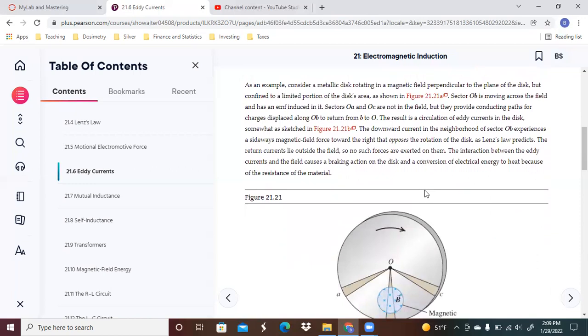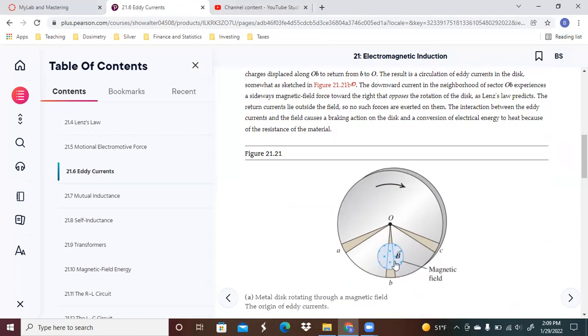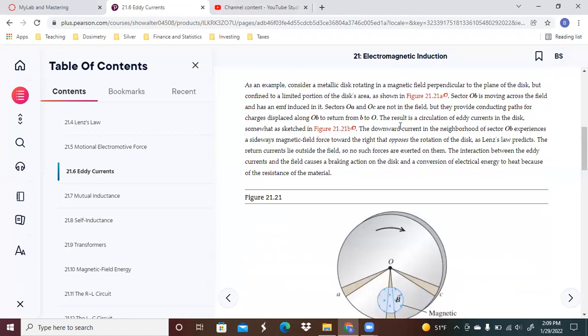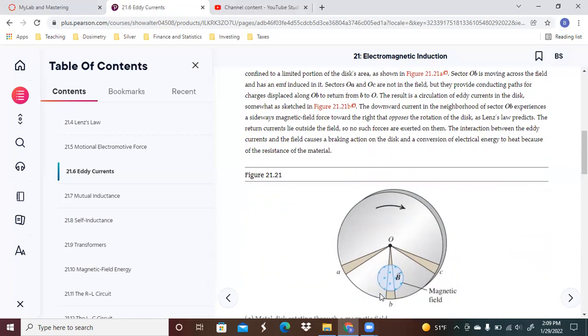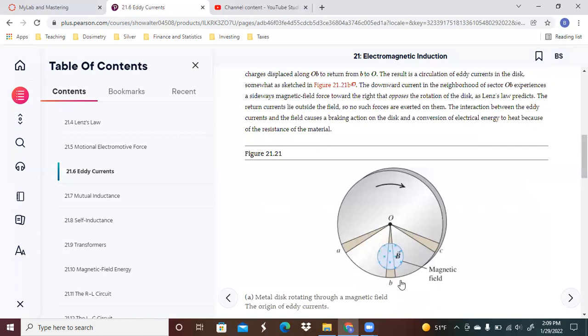So, for example, if you consider a metallic disc rotating in a magnetic field perpendicular to the plane of the disc, like here, it's confined to a limited portion of the disc's area. So, sector OB experiences a sideways magnetic field force towards the right that opposes the rotation of the disc.